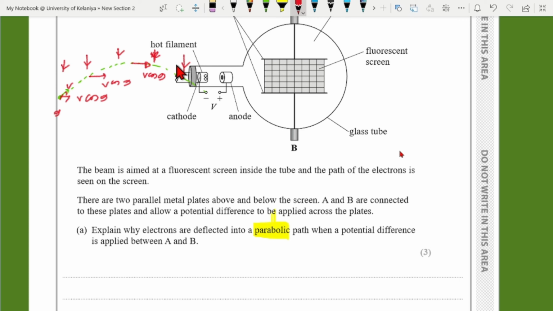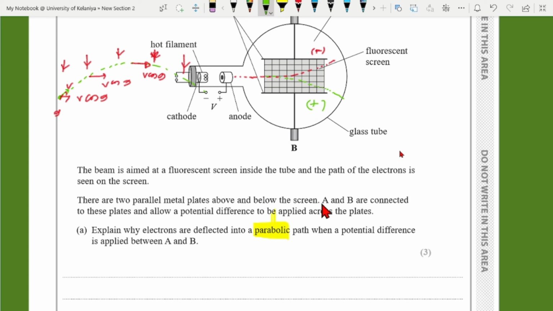So here the parabolic path can be taken in two ways. One is the electron beam can be moved towards this plate, if this is the positive one. Or it will be moved towards the other plate if that is the positive plate.